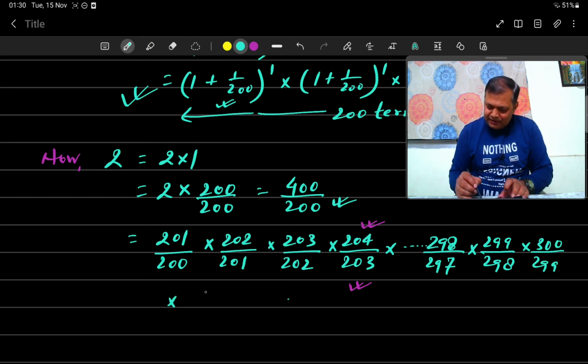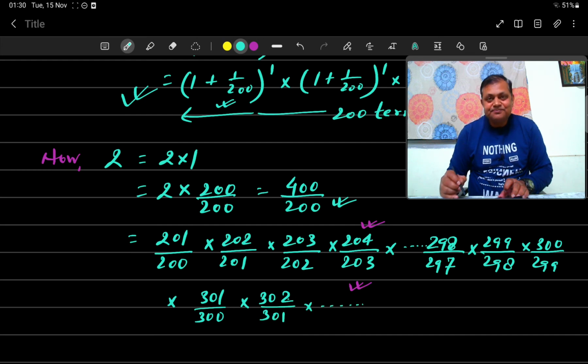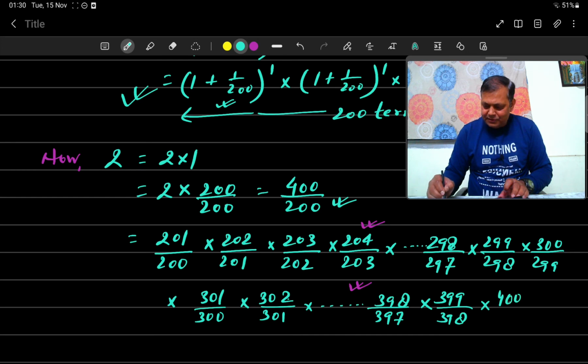Once again multiply 301 divided by 300 multiplied by 302 divided by 301, and so on, up to 398 divided by 397, multiplied by 399 divided by 398 and multiplied by 400 divided by 399.